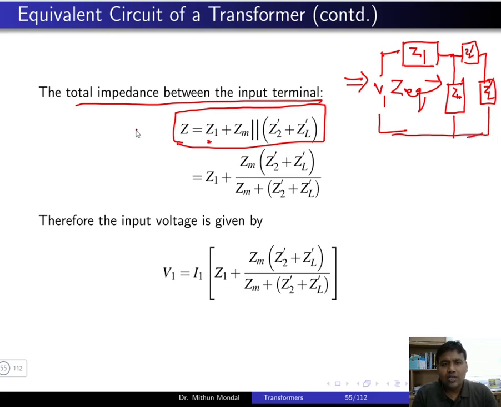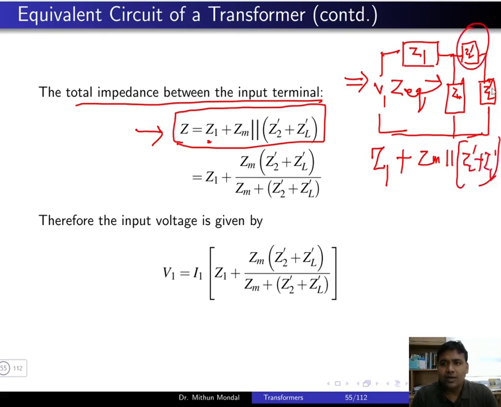So the total impedance seen from the primary winding source is basically Z1 in series with the parallel combination of Zm and the summation of Z2 dash plus ZL dash.